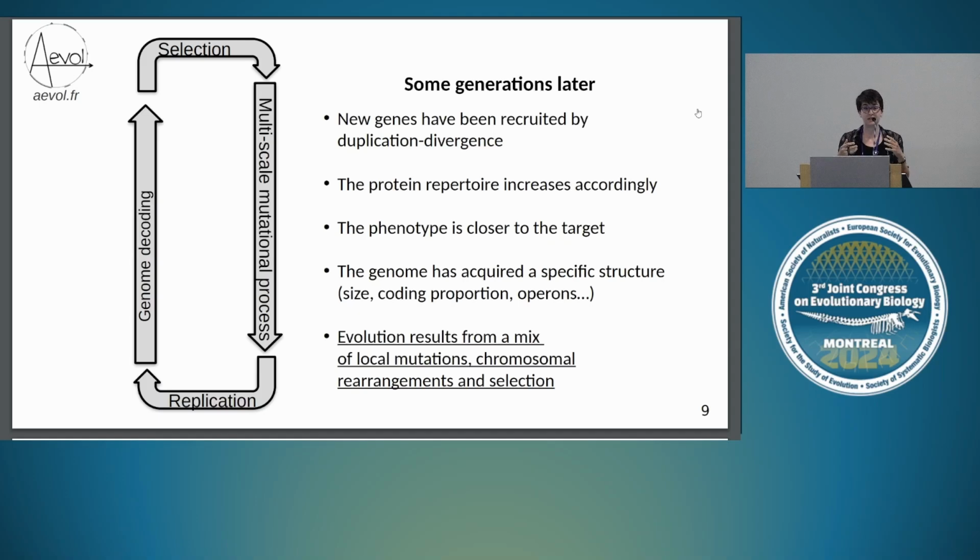So we can have very different genome sizes, coding proportions. We can have several genes located on the same RNAs that have similar function or not, so we can have operons. And we have an evolution that results from a mix of local mutations, chromosomal rearrangement, and selection without any a priori distribution of fitness effects.